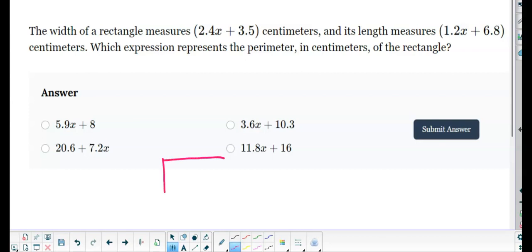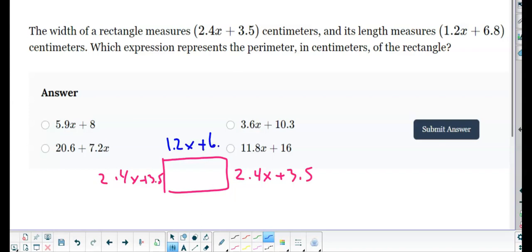So for a rectangle, we're actually going to have a width of 2.4x plus 3.5 on both sides. And then along the lengths, we're going to have a 1.2x plus 6.8. Again, on both sides.